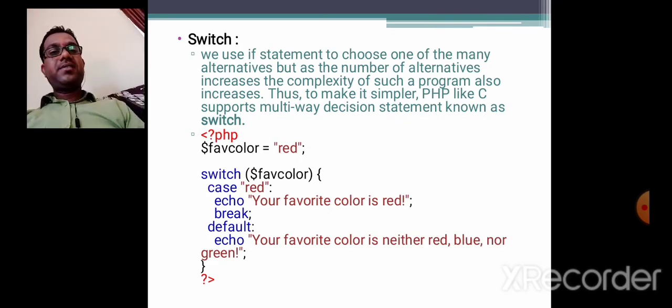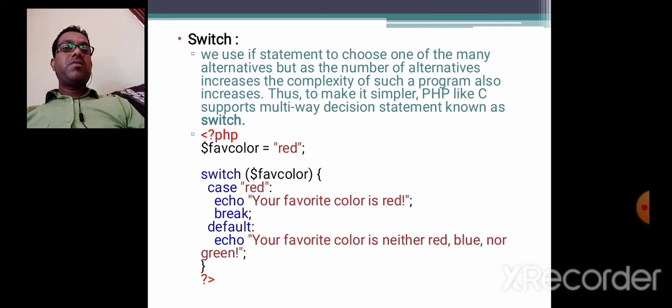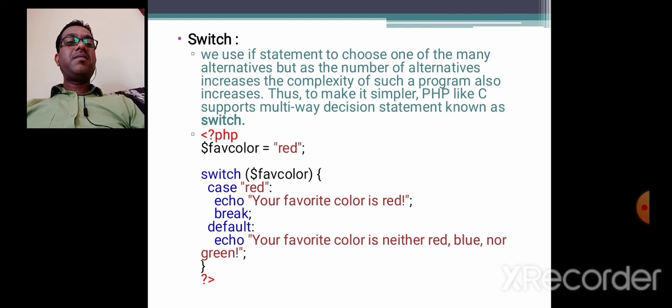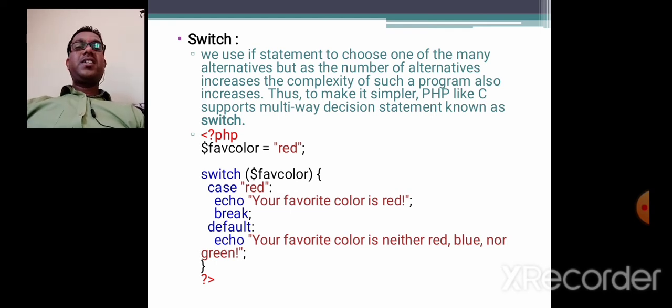Next one is the switch statement. Why is switch used? We can use the if statement to choose one of many alternatives, but as the number of alternatives increases, the complexity of such a program also increases. Thus, to make it simpler, PHP, like C, supports a multi-way decision statement known as switch.